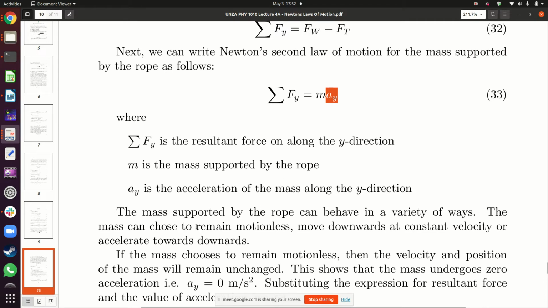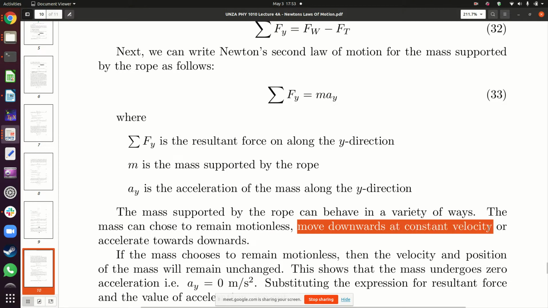Of course, in this case, our mass can remain motionless, just be happy hanging there, not going anywhere. Or our mass can move downwards. You can lower your mass downwards at constant velocity. When the mass remains where it is, the acceleration of the mass is 0 meters per second squared. If you lower the mass downwards at constant velocity, again, the acceleration is still 0 meters per second squared.